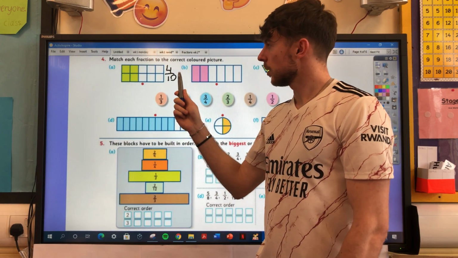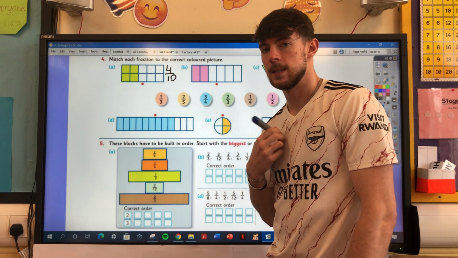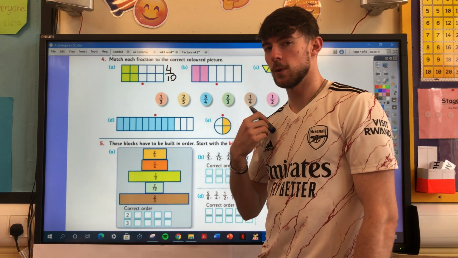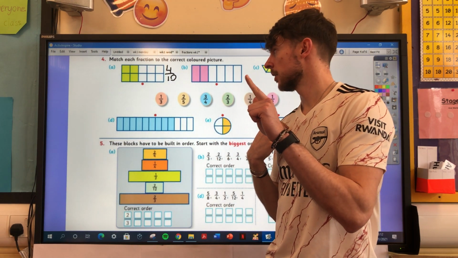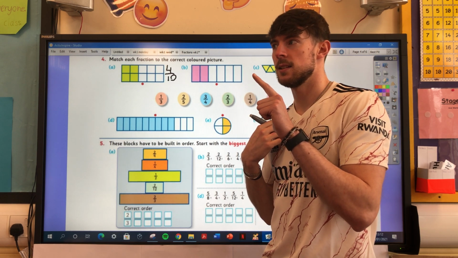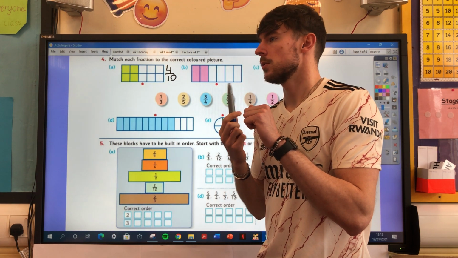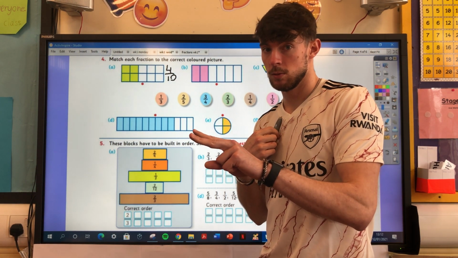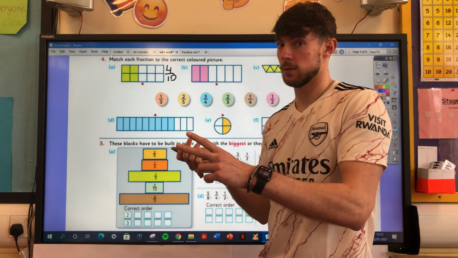So what can we divide both of these by? Can we divide both by 4? 4 divided by 4 is 1. 10 divided by 4 is 2, remainder 2. So we can't really do that. Dividing by 3, can't do. 4 divided by 2 is 2. 10 divided by 2 is 5.